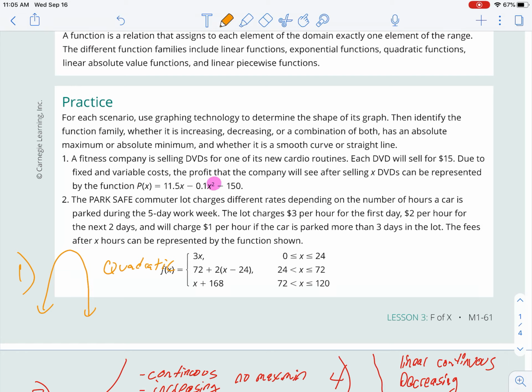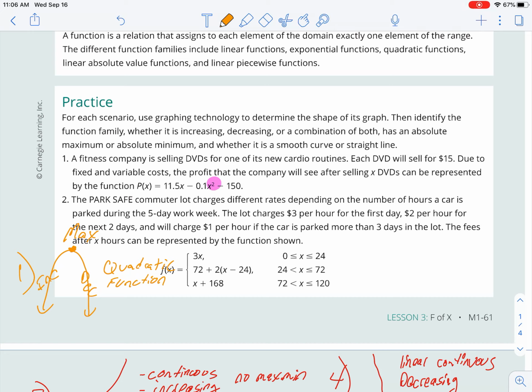The reason why I knew it was quadratic was because I saw that X squared. Squared tells me it's quadratic, and it's always going to be U-shaped. So this is a quadratic function. We happen to have a max right up here. This side of the graph, the left side of the graph, is increasing. It turns at the max, and it starts to decrease, okay?